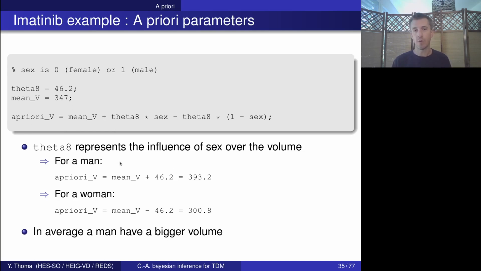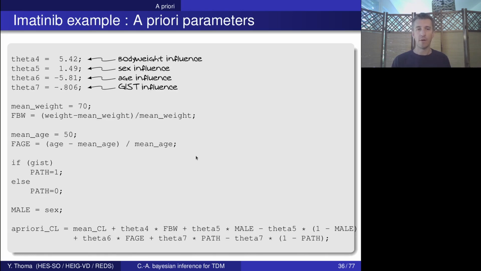So that would end up with a man having a volume of 393 and a woman a volume of 300. And that would be then this V we use in the PK equations. For the clearance, it's a bit more complex because we have the influence of the body weight, sex, age, and this GIST. And these are exactly the same equations as the ones we find in the paper, except that they are written a bit differently.